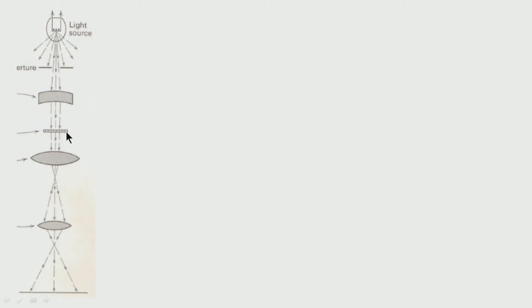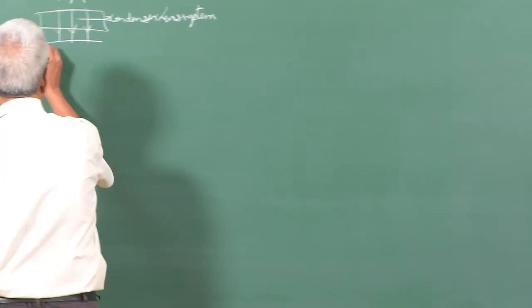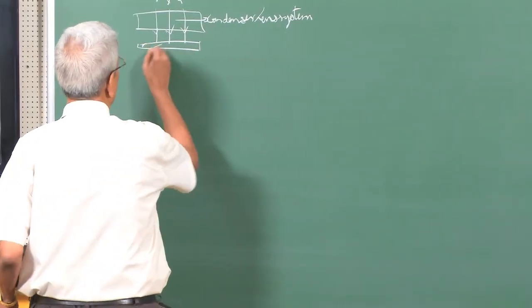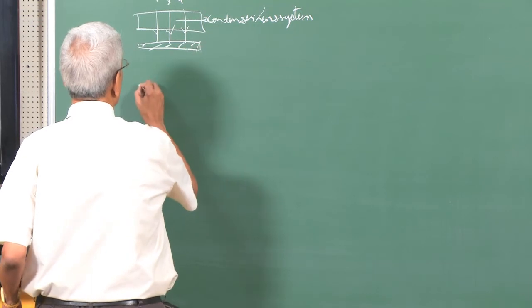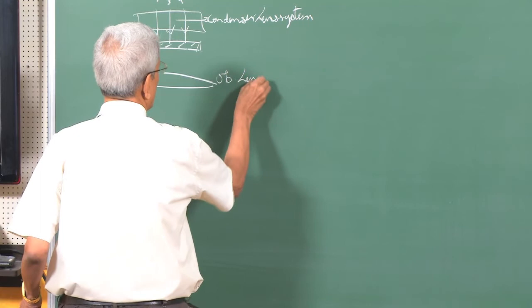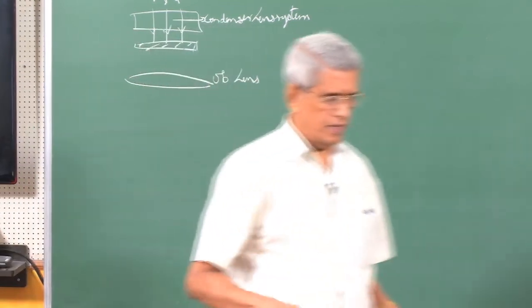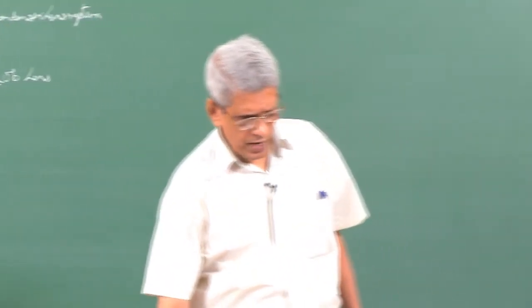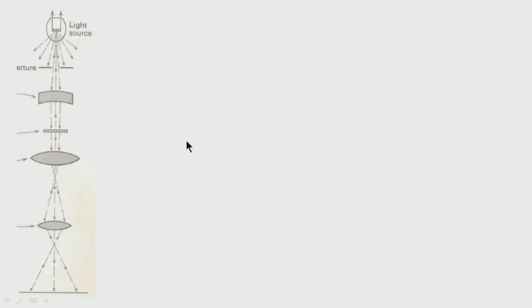Then in a transmission mode of an optical microscope, it falls onto a sample here, and when it comes out we have an objective lens. Then we have a projector lens which projects it onto the screen.